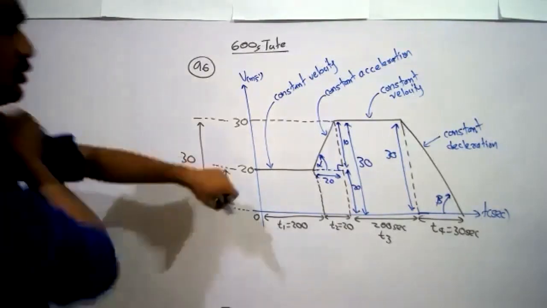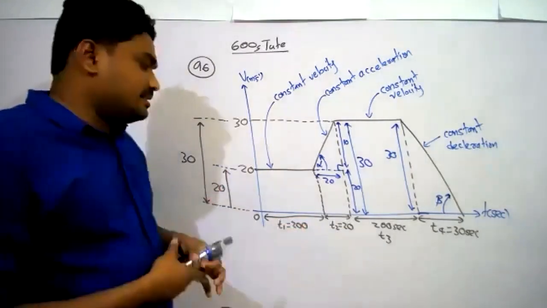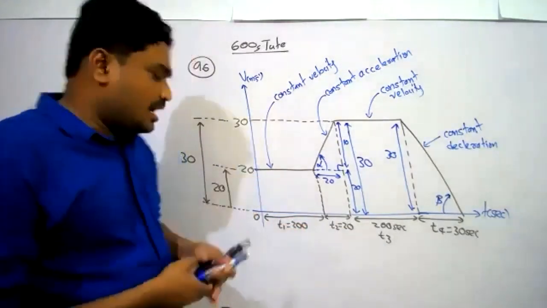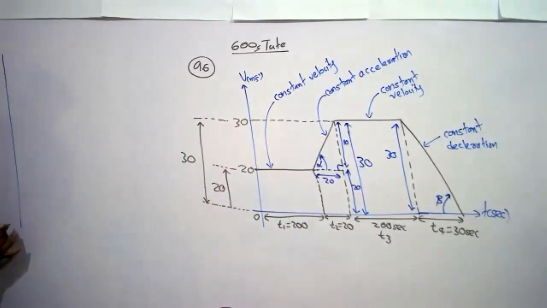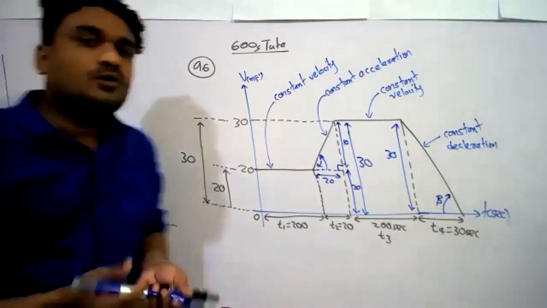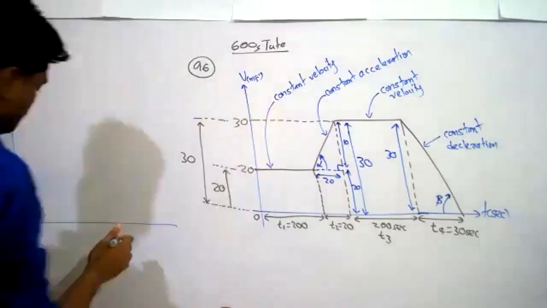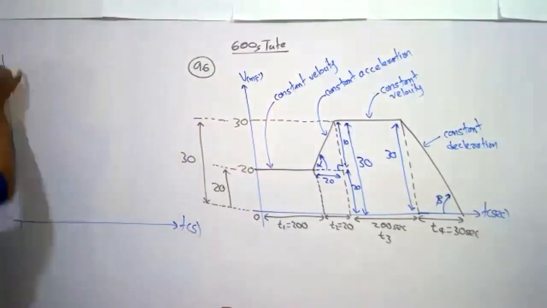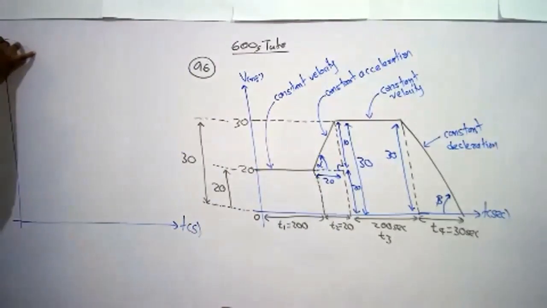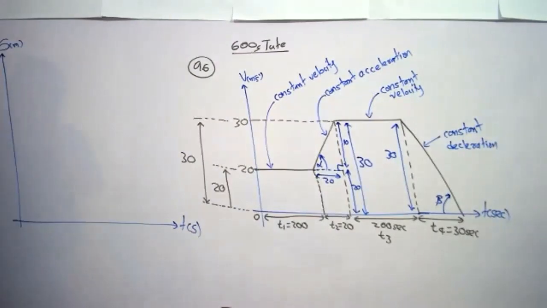Now listen, dear. During the first 200 seconds, it travels with constant velocity. How do we represent constant velocity in a displacement time graph? Now we are going to a displacement time graph. Time is indicated by T, displacement is indicated by S, and the unit is meter.